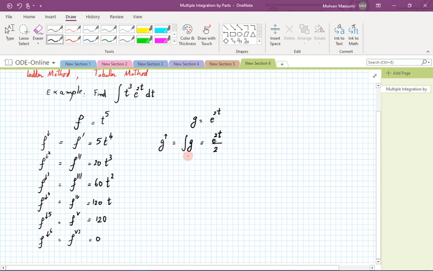Well, of course, I can take the integral of the integral, meaning take the integral of this expression, and of course I'm going to get e to the power of 2t over 4. What we have in mind here is to write this thing as g double up, and if I take this integral 3 times, again in all steps we are ignoring the integration constant.